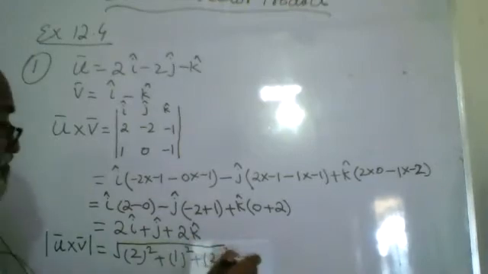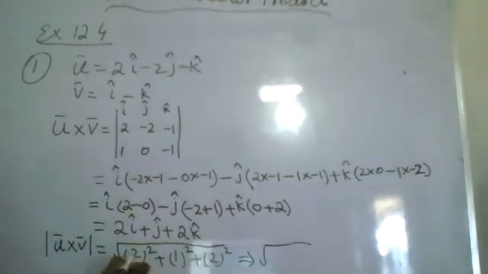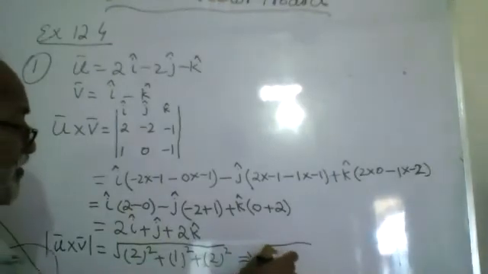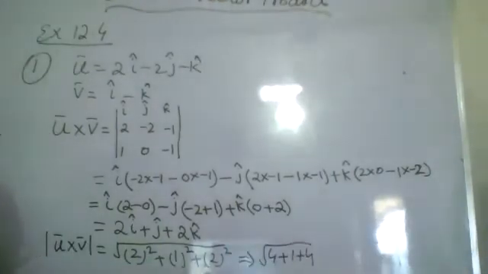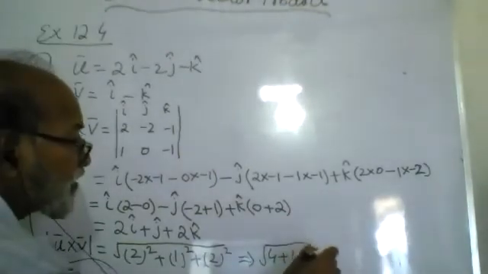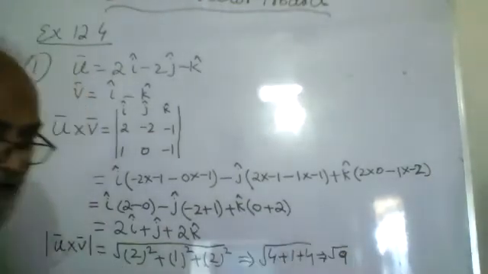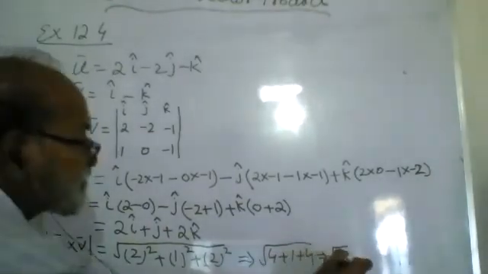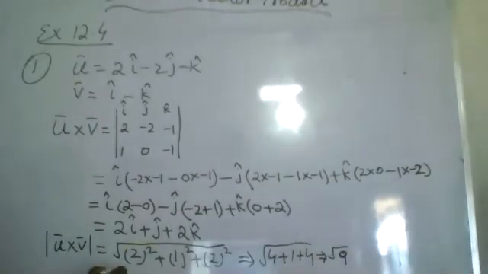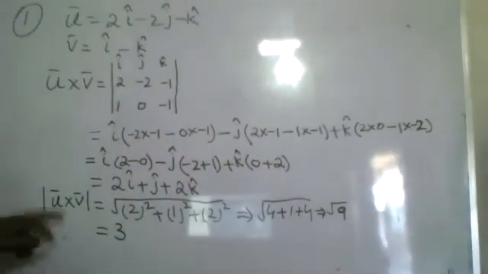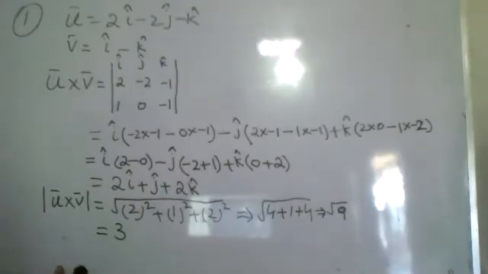The answer will become under root 4 plus 1 plus 4, under root 9, and under root 9 is 3. So the magnitude of u cross v is 3.